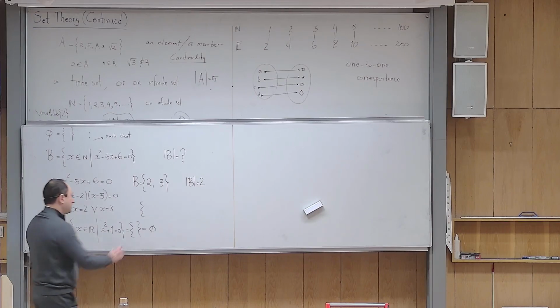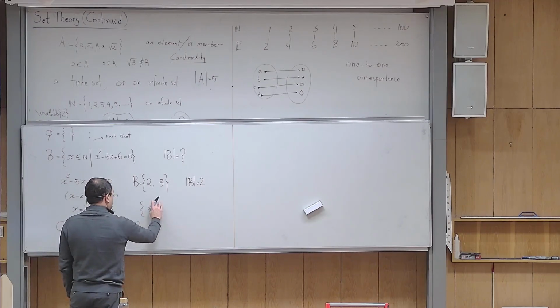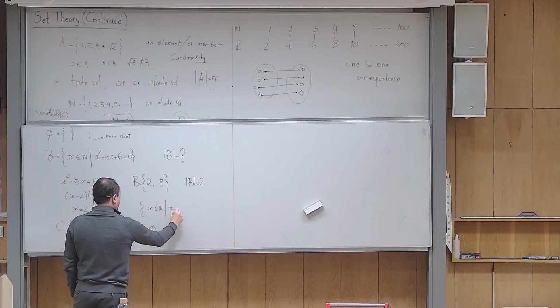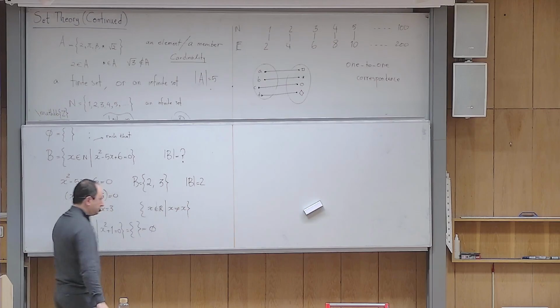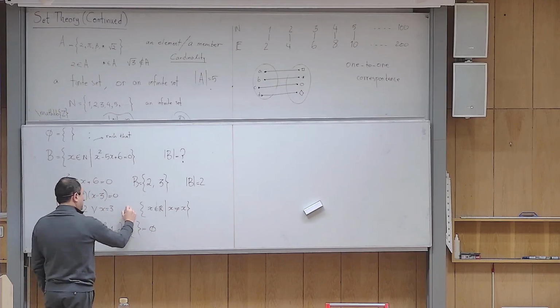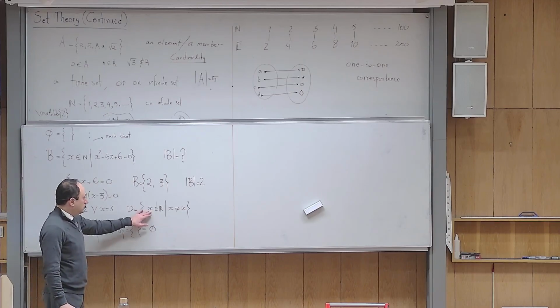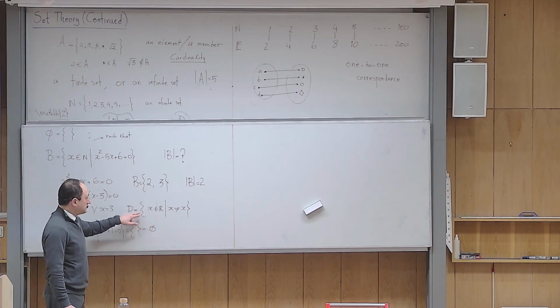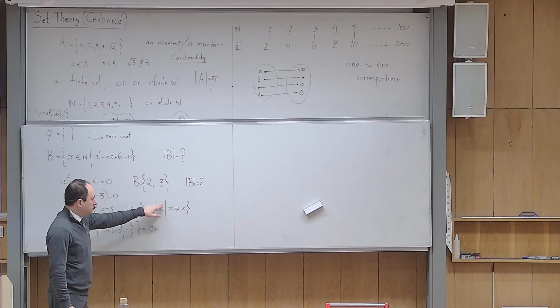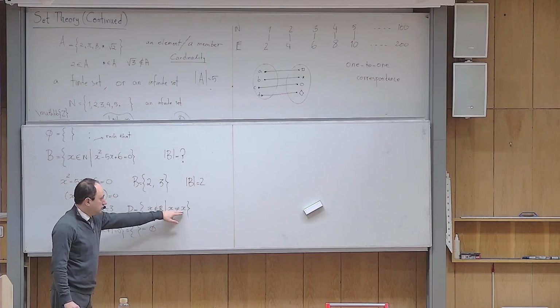So what about this set? Let me call this D. How do you read it? The set consisting of all x in the set of real numbers such that x is not equal to x.